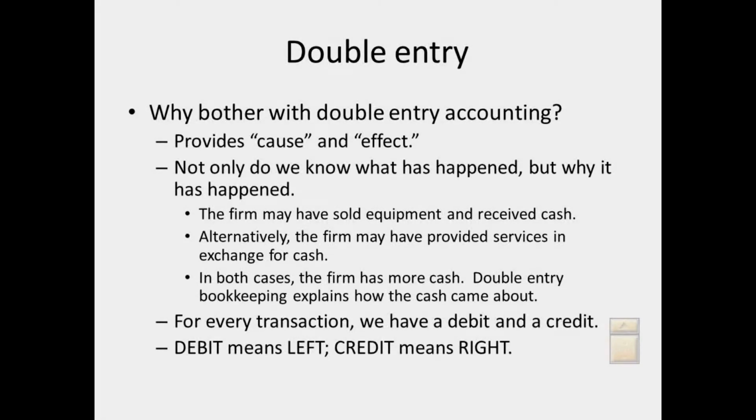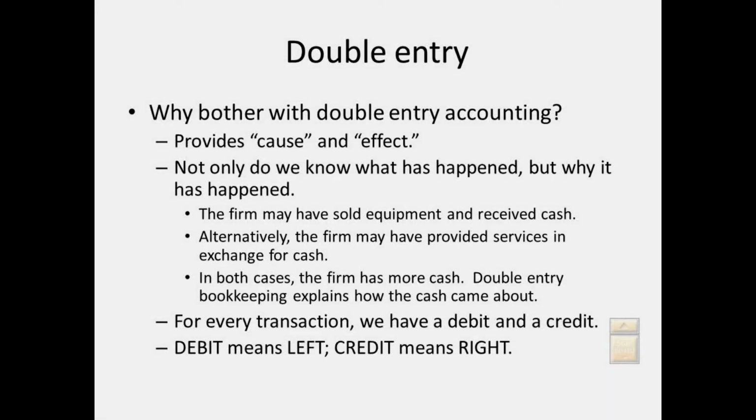You cannot interpret a debit as being always a good thing, because for every single debit, there's a credit. So if it's a good thing, there's both a debit and a credit. It doesn't mean good or bad. It doesn't mean more, plus or minus in any particular way. Debit means left. Credit means right. Period.